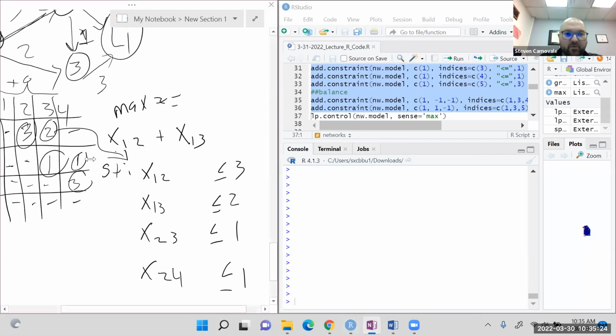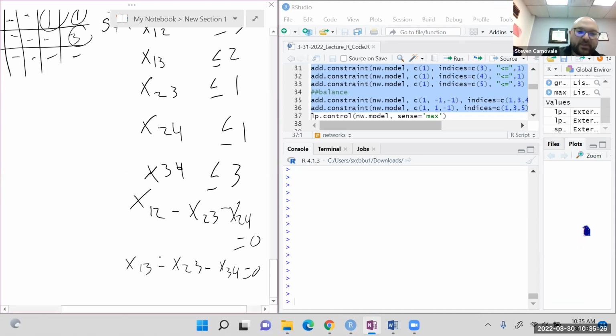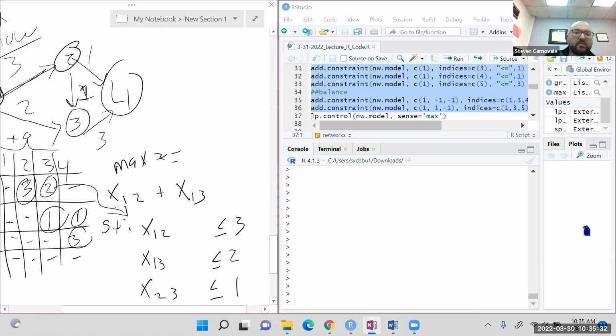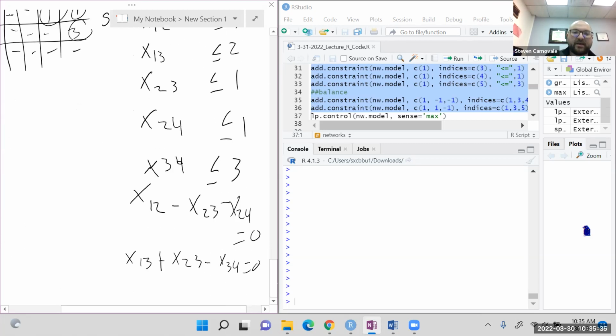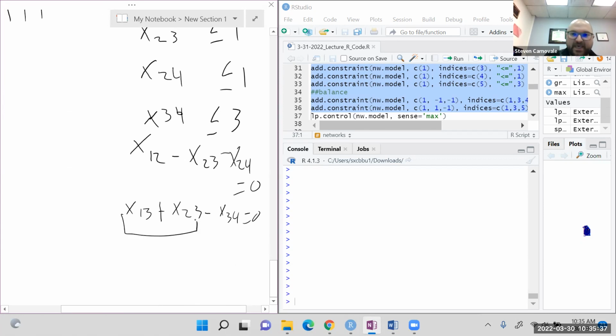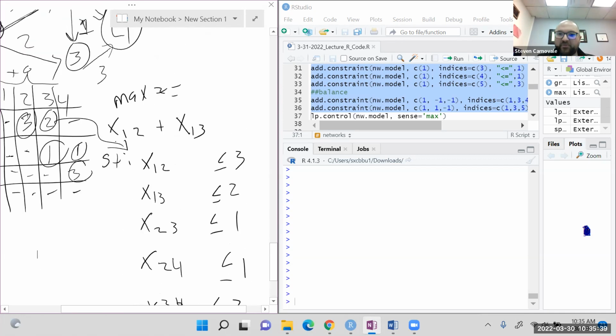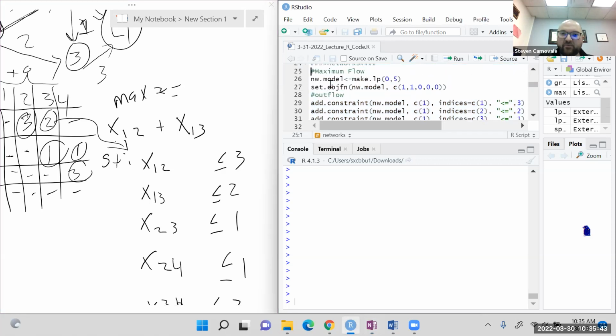And actually I made a typo over here. This should be a plus because it's inbound. That which comes in must go out. There's only one outflow from 3, but there's 2 inbound sources of supply, which is why this right here is added up. So I put that into my model very simply, and you can see the coefficients will correspond to that as well.